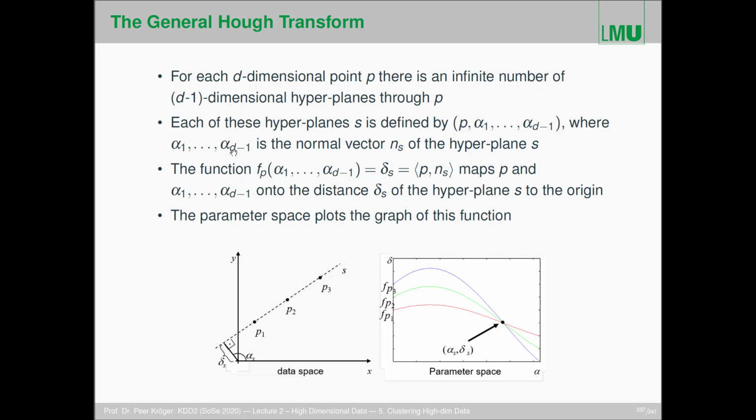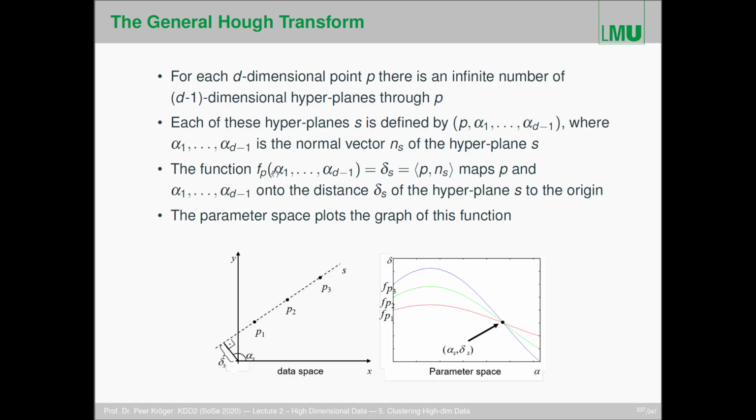Now we can use this function that maps the d minus 1 angles to the distance of the line to the origin. So the line is defined by P and the normal vector, which is defined by the d minus 1 angles. In this two-dimensional case, it's just one angle. And then this line has a unique distance to the origin, which can be computed from P and the d minus 1 angles of the normal vector.